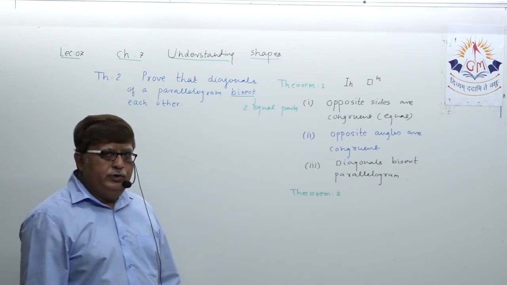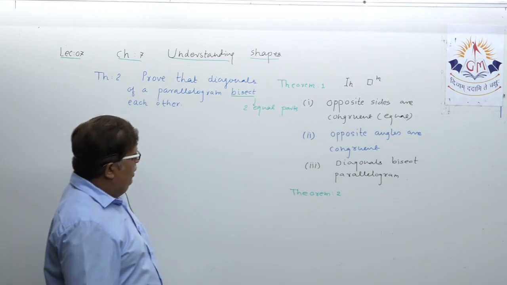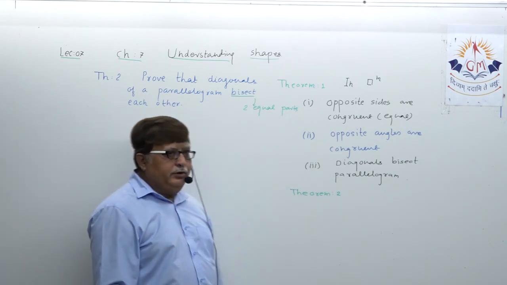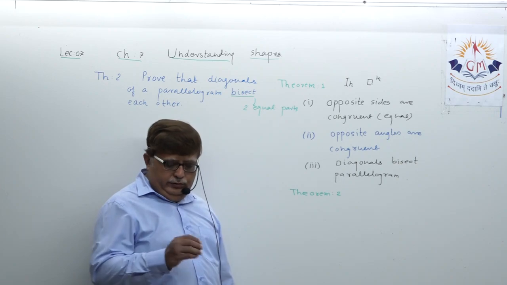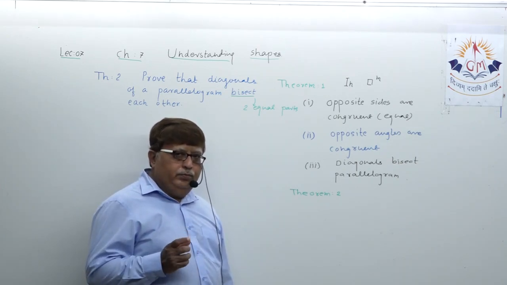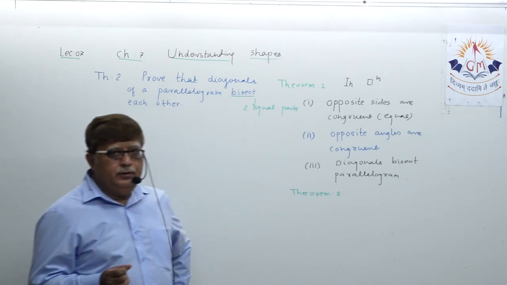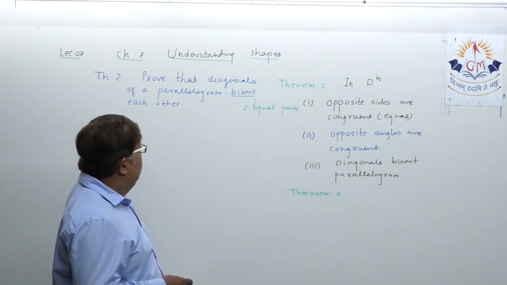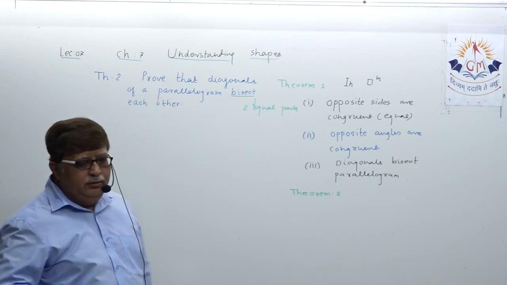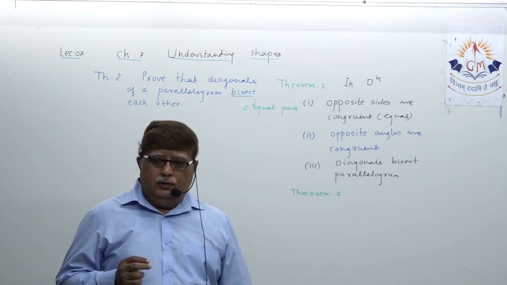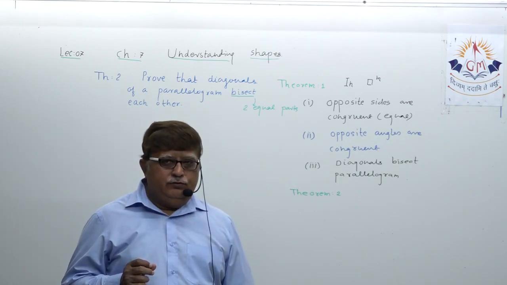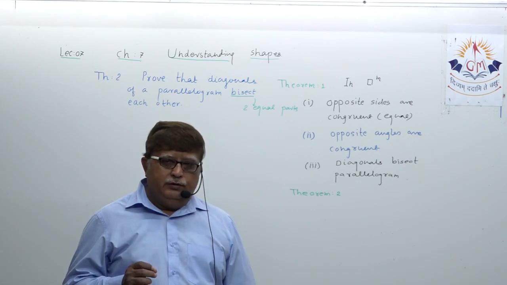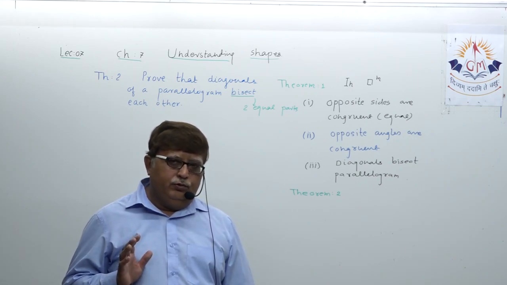This has to be very clear in your mind. So what is the statement of the theorem? Prove that in parallelogram diagonals bisect each other. That is what we have to prove.